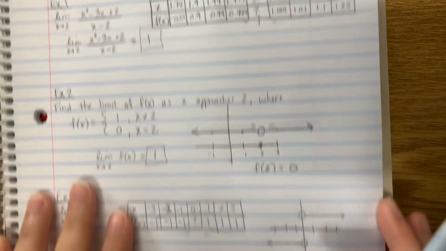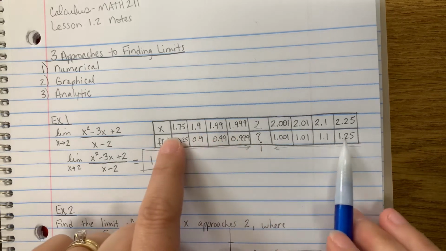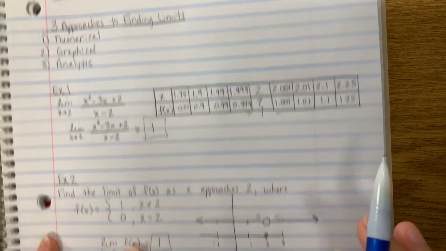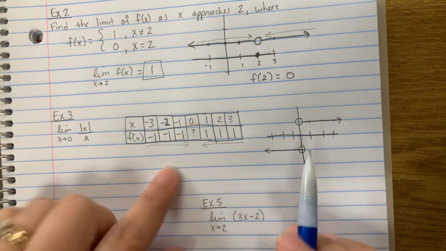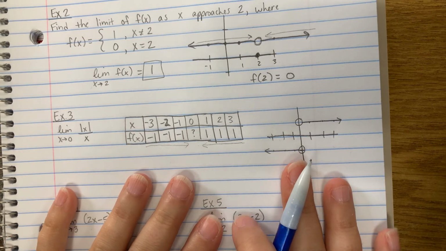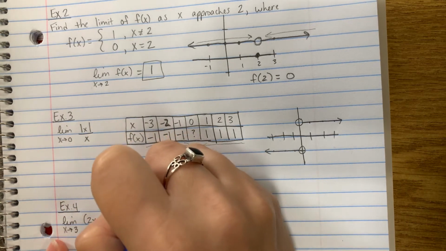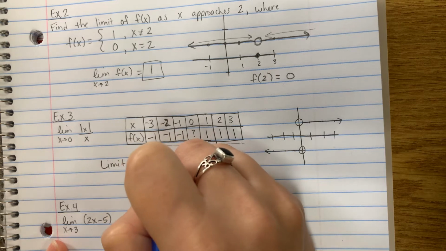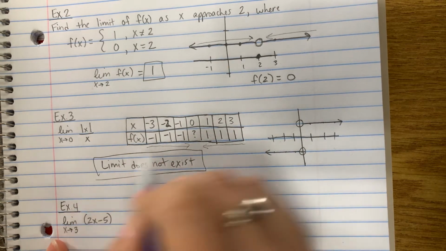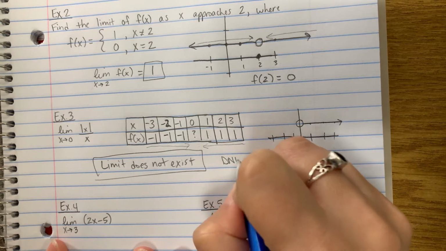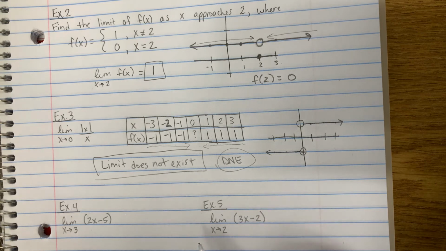When I did the table on the last example, on the last video, these very clearly both went towards 1. In this situation, they are not going to the same value. So in this situation, the limit does not exist. A lot of times you will see this written as DNE for does not exist, and that is fine to use that abbreviation if you choose to.